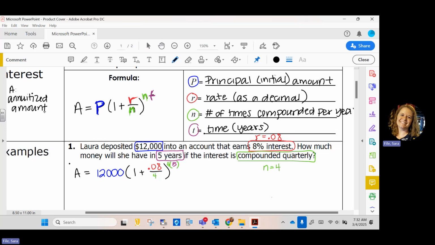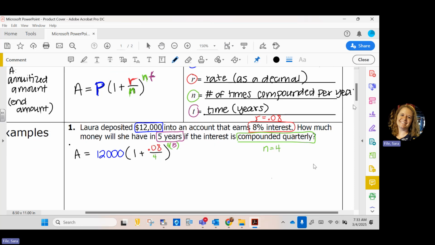Okay, so that's our ending amount. So the initial amount is the principal, the ending amount is the annuitized amount. Okay, so that's why I use A and P.